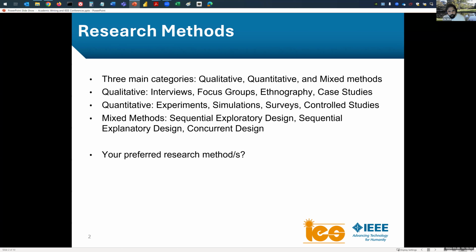So interviews, focus groups, ethnography, case studies are these qual research methods that might be a bit foreign to you, because I'm assuming most of you are from the STEM disciplines, the technical disciplines in university or in tertiary education.